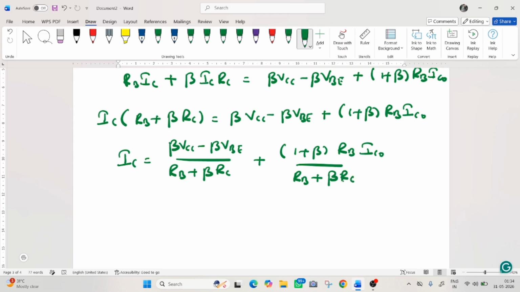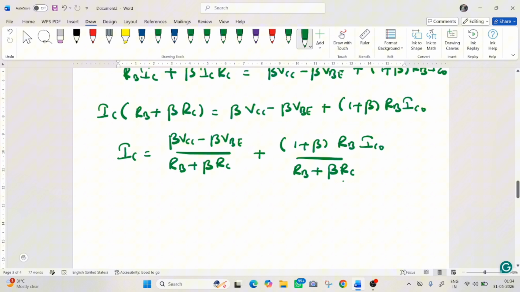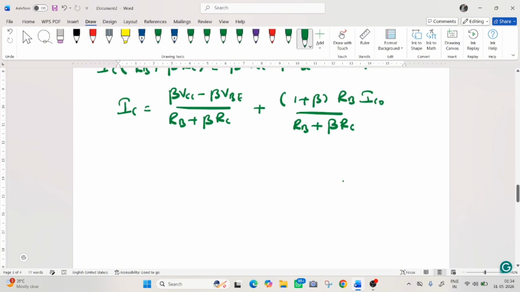Now we'll do the differentiation. Let me differentiate both sides with respect to ICO. Then dIC by dICO. The first term is a constant, so it will become 0. Now this entire term is a constant multiplier, and dICO by dICO will be 1.